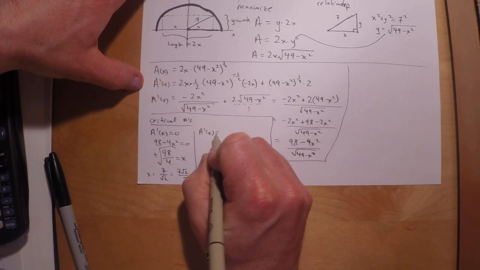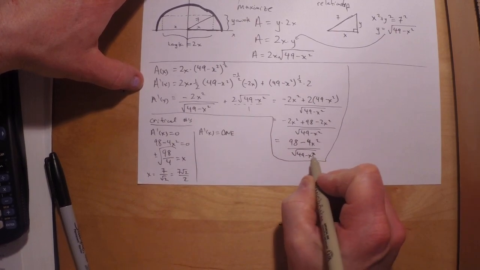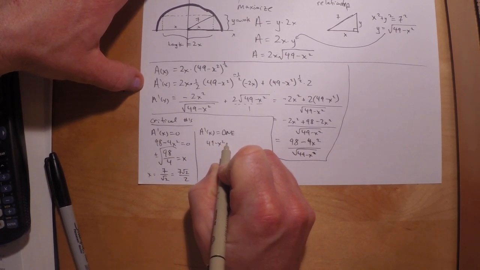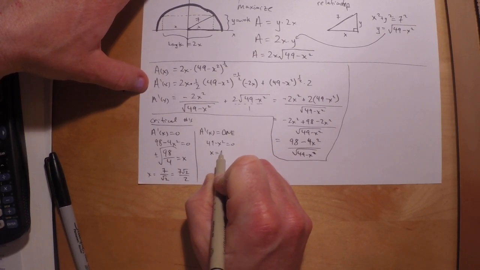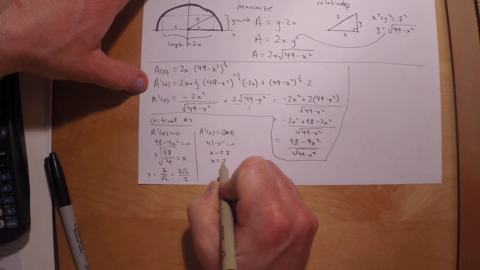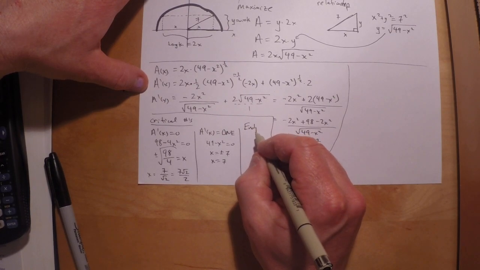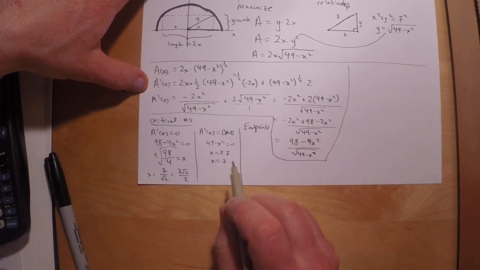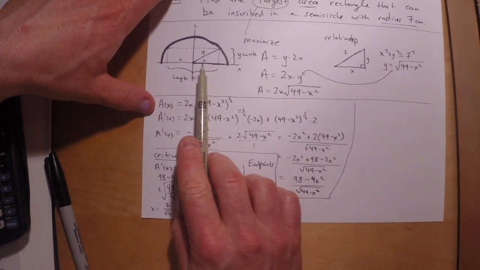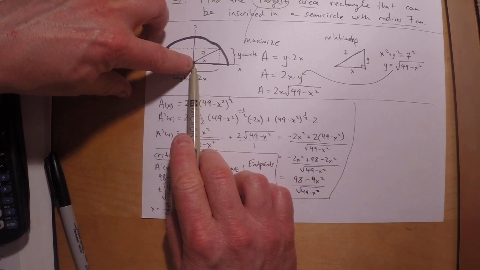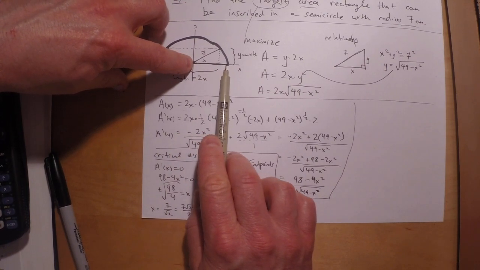Where is it undefined? It would be where the denominator is equal to 0, and that would be where 49 minus x squared equals 0, and that would be when x equals plus or minus 7, or in this case 7. And then I should also talk about endpoints. The physical endpoints of this as far as the actual rectangle. x could be as small as 0, because then I'd have no length to it, and as big as 7.